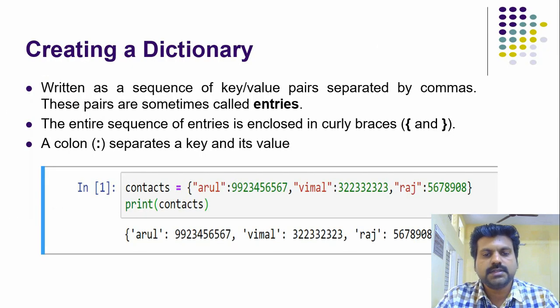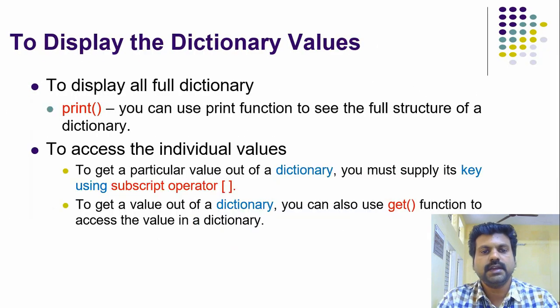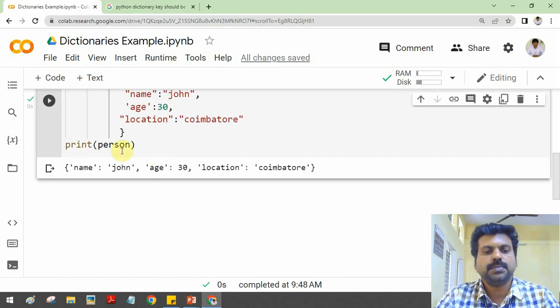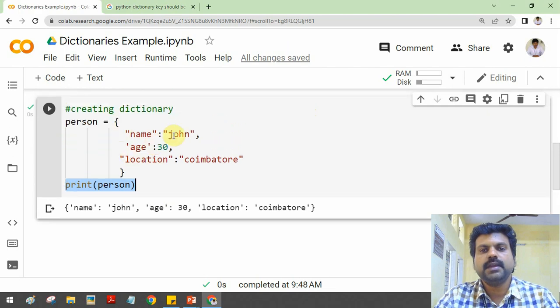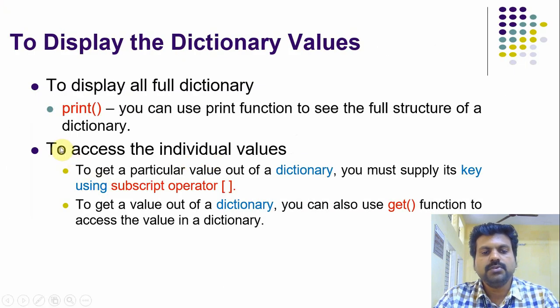Now let's see how we can access the data from a dictionary object. As we discussed already, the print function prints the entire dictionary values. Already we discussed how to display all the data from the dictionary. Now we are going to see how to access individual values. If you want to access an individual value of a particular dictionary, there are two ways.